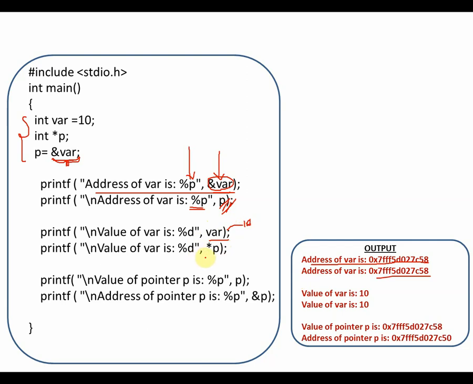And if I print asterisk p, which means the pointer variable p, what I get depends on this specifier also. Like I'm writing over here %d, which means the pointer variable will print value 10, because the pointer variable is pointing to a memory address where 10 is present. So the value 10 will get printed.